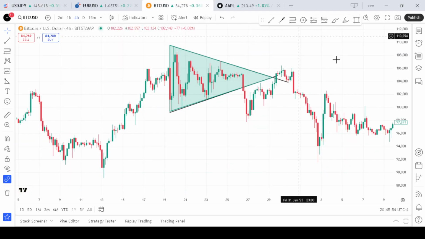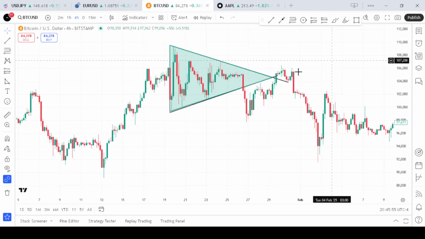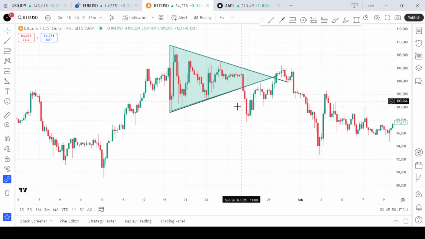Now let's see how we can capitalize on a symmetric triangular pattern. Symmetric triangles require extra caution as they can indicate neither continuation nor reversal signals. This pattern has converging trend lines with lower highs and higher lows on both sides.